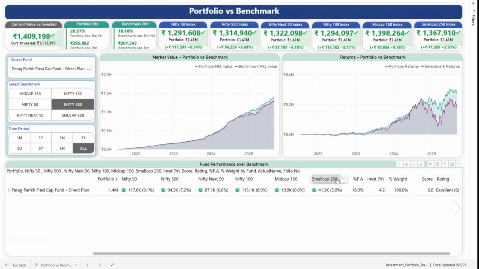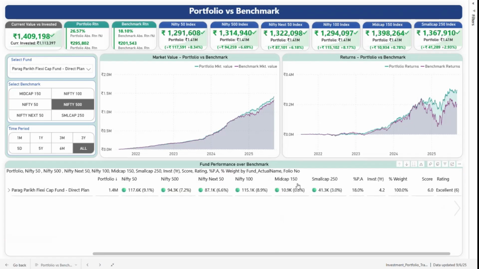We have provisions, so you can even compare against any gold fund, or, instead of the Midcap 150 fund, there is a famous Motilal midcap fund. I want to compare with the Motilal midcap fund. That is also possible.